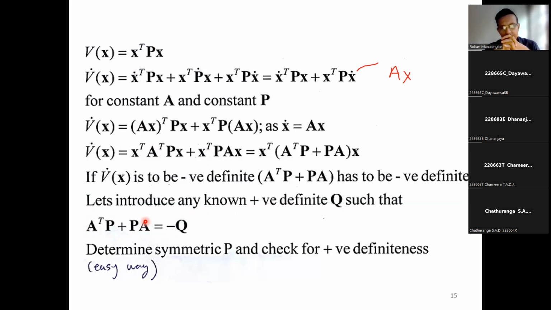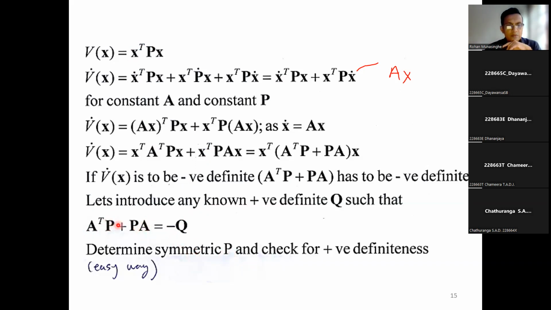So that is the technique we often use to show that A transpose P plus PA is negative definite. This is somewhat easier.